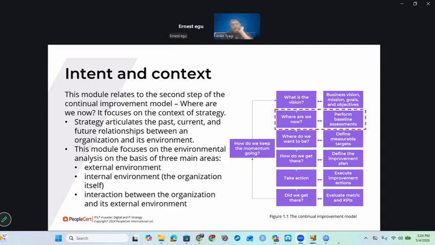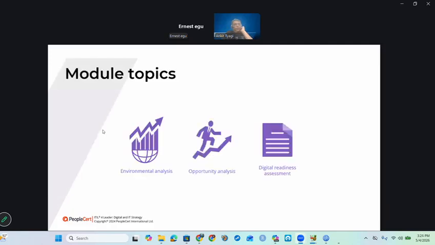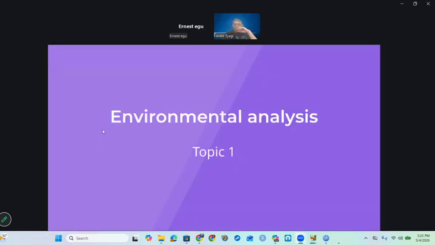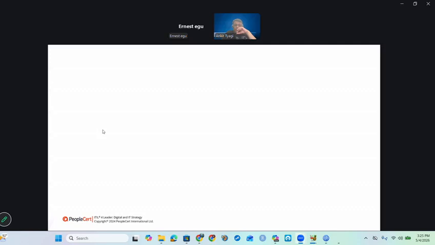And how do they interact? So a few topics here: environmental analysis, opportunity analysis, and the digital readiness assessment. First one, environmental analysis.